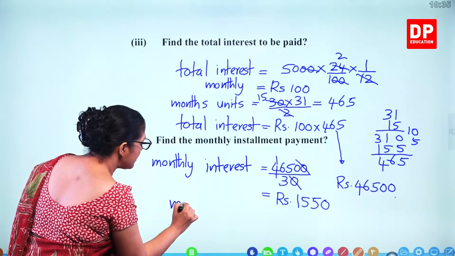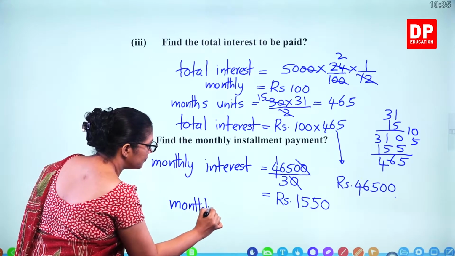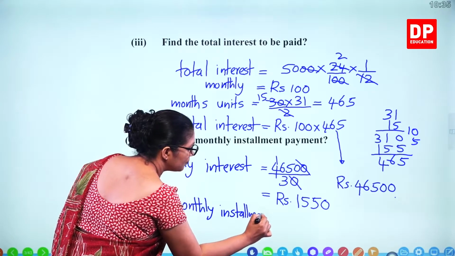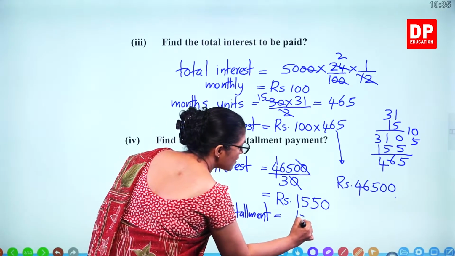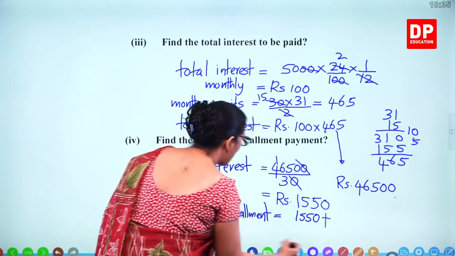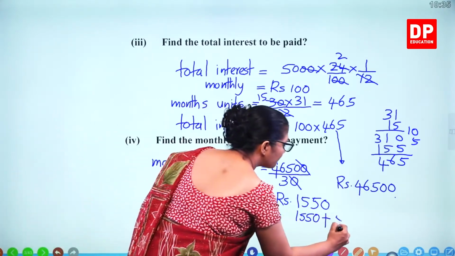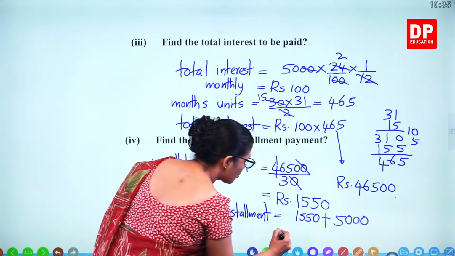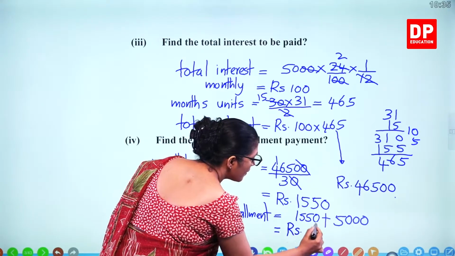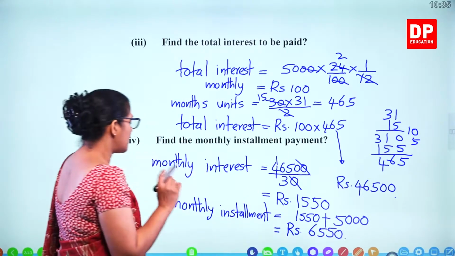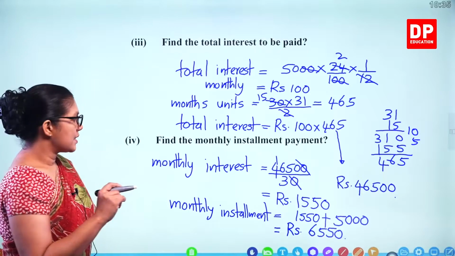You have to add the interest and the monthly payment, that's 5,000. So altogether 6,550 rupees is the monthly installment.